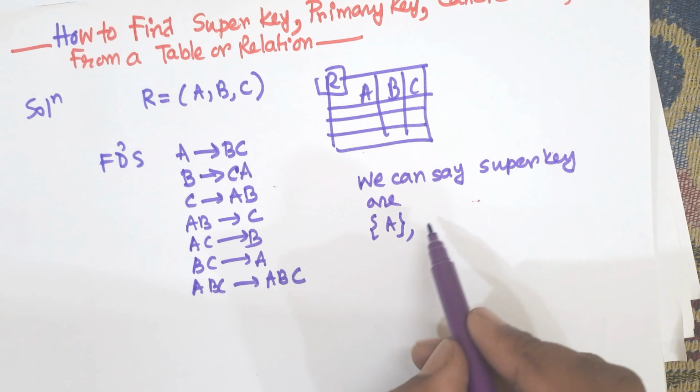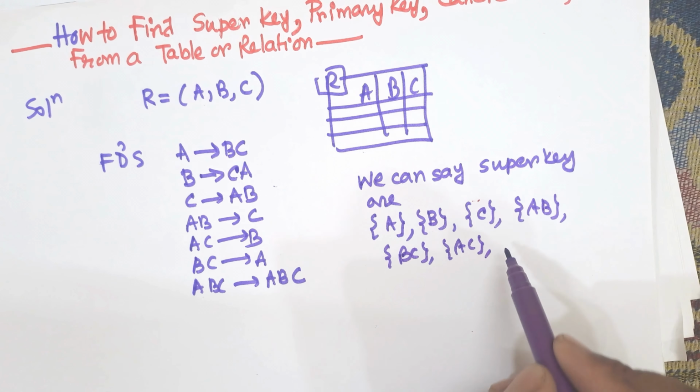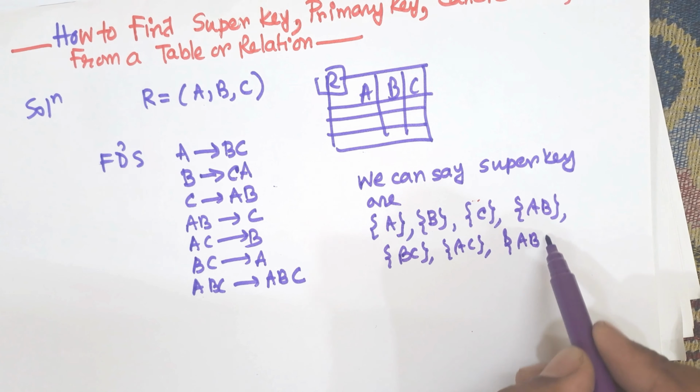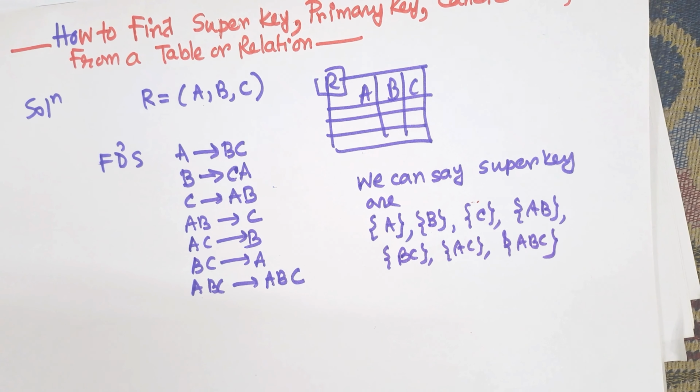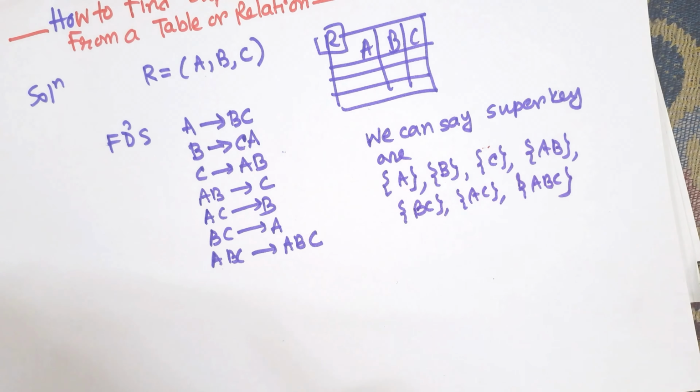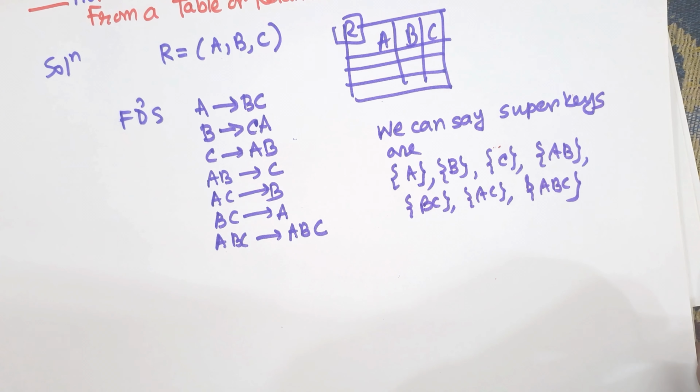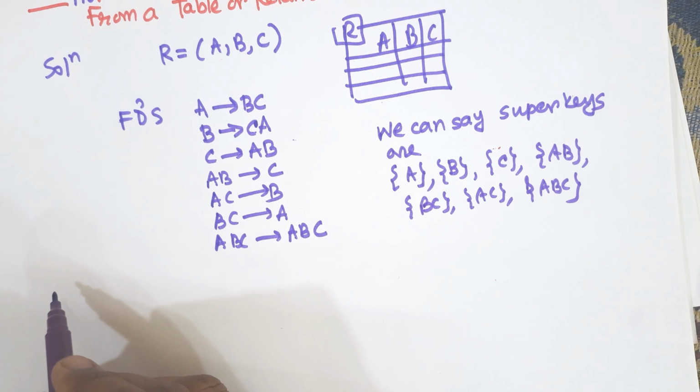So A can be a super key, B can be a super key, C can be a super key, AB can be a super key, BC can be a super key, AC can be a super key, ABC can be a super key. So they are known as super keys. So first of all, we need to find out the super keys. Now the next step is to find out the candidate key.